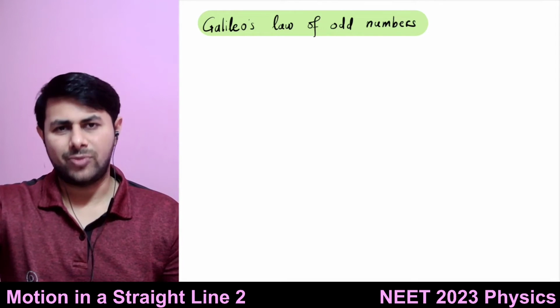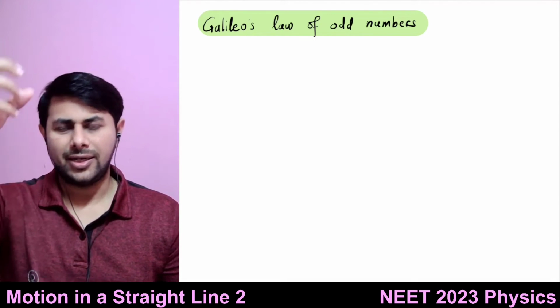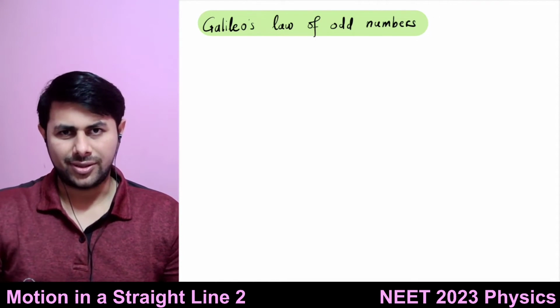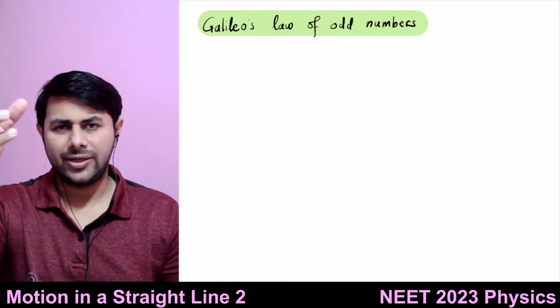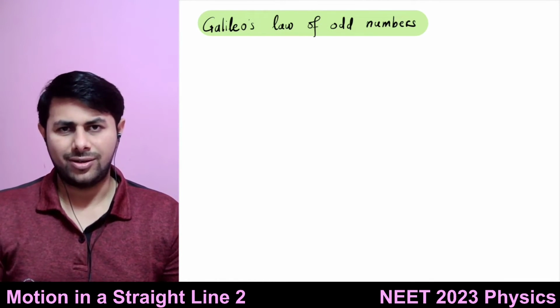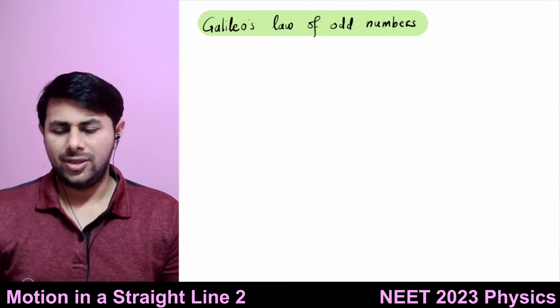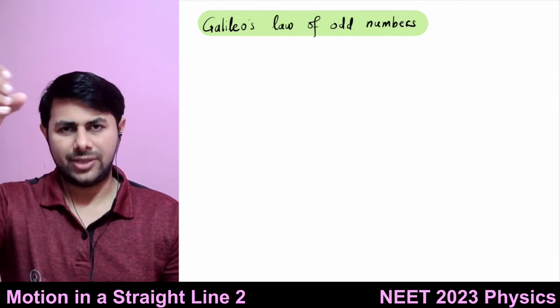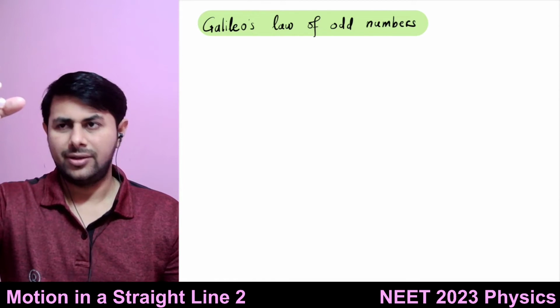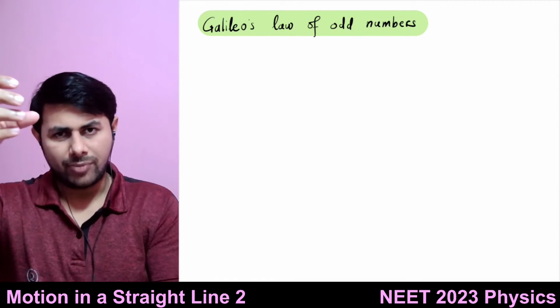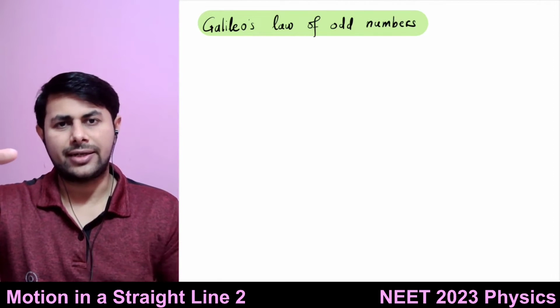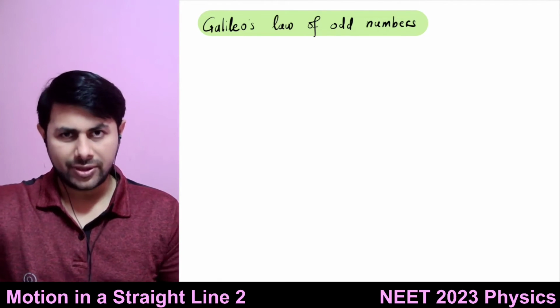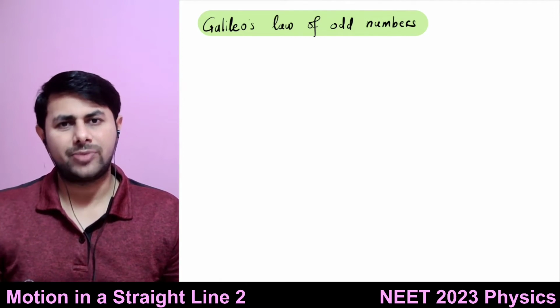If you release some body and let it fall under gravity only, with no other force, then that body is said to be in free fall. So if you release an object from some height, then it is in uniformly accelerated motion, right? And that acceleration is because of gravity, which is 9.8 meters per second squared.